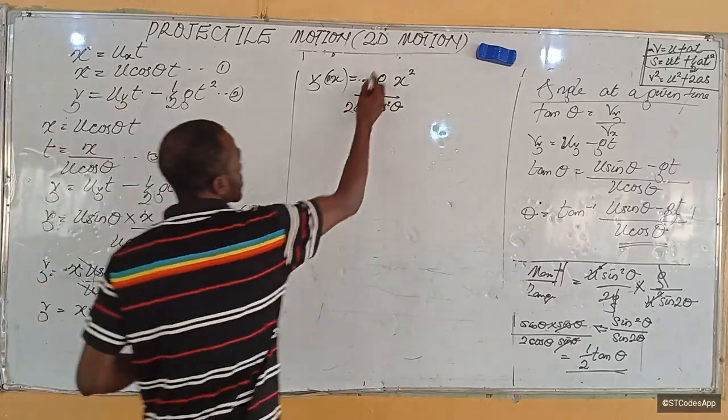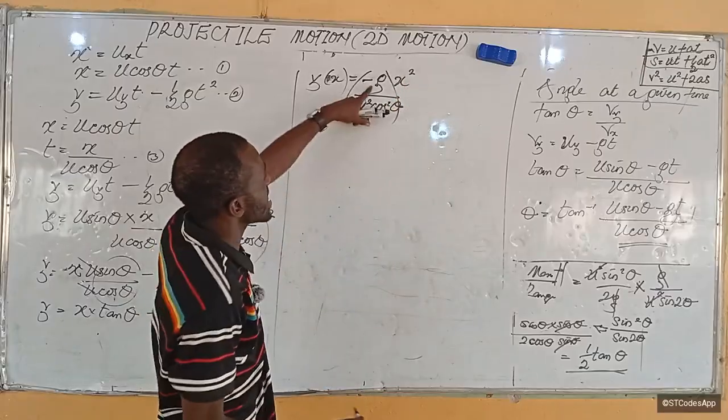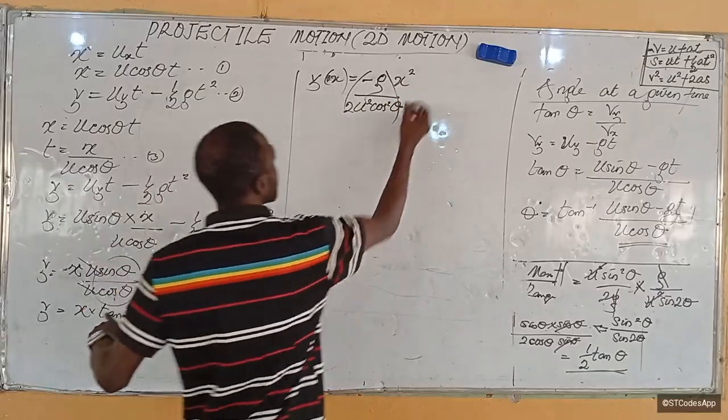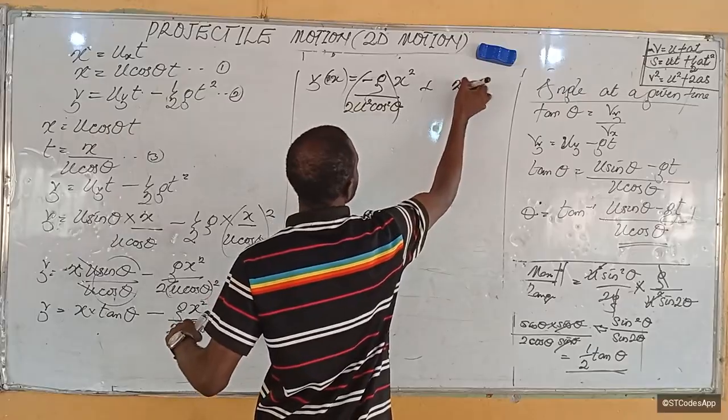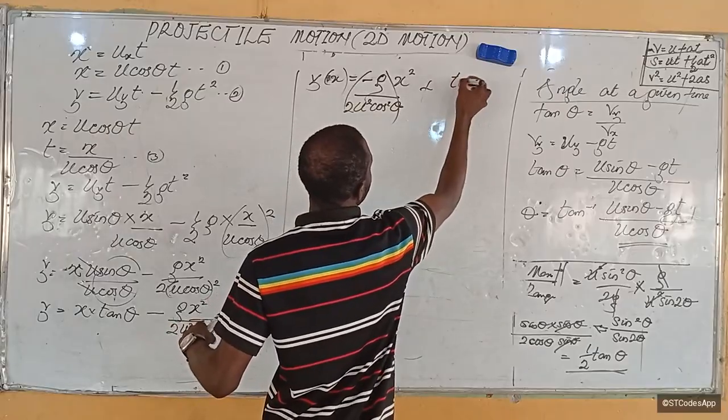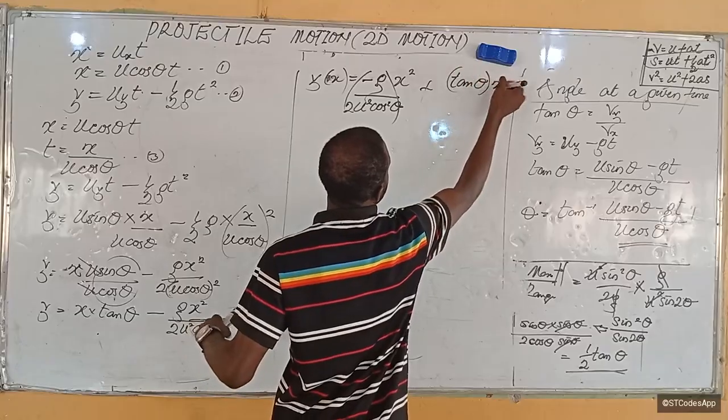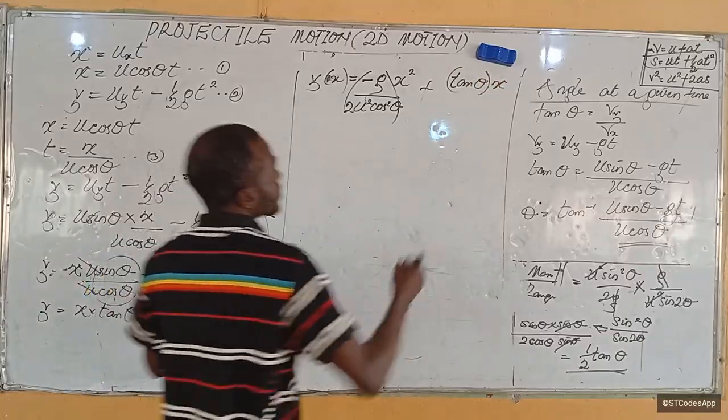So this is the coefficient of x squared. What do you see? Negative. Then plus tan theta x plus c.